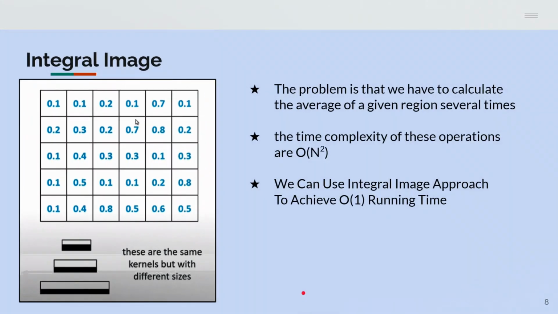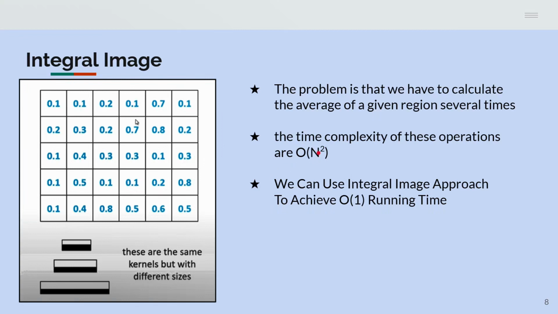Now coming to integral image. The Haar filters, the Haar kernels, can be of different sizes. You can see here, this is small, this is big, and this is much bigger. Accordingly you will be able to detect a high number of features for different Haar filter sizes. So your computation will obviously increase.